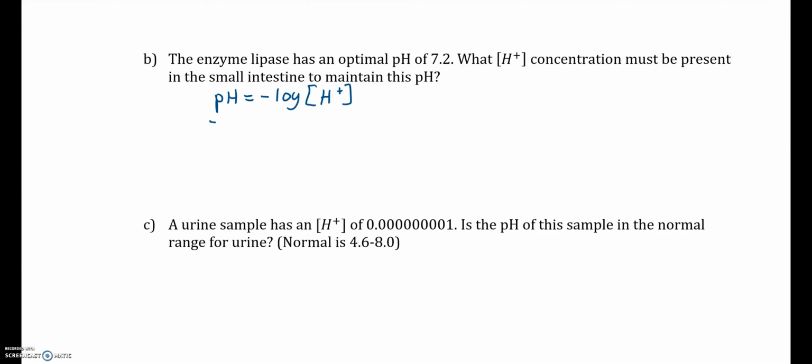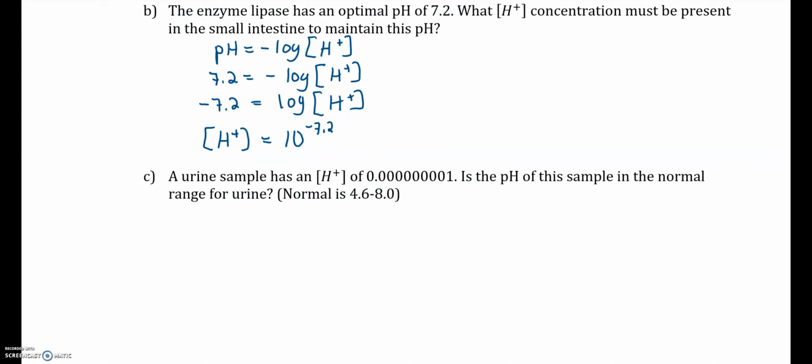Substituting 7.2 into our equation, we get 7.2 is equal to negative log of the H plus, dividing both sides by negative 1, and re-expressing this equation in exponential form, we get H plus is equal to 10 to the power of negative 7.2. We can express this to two significant figures as 6.3 times 10 to the negative 8.